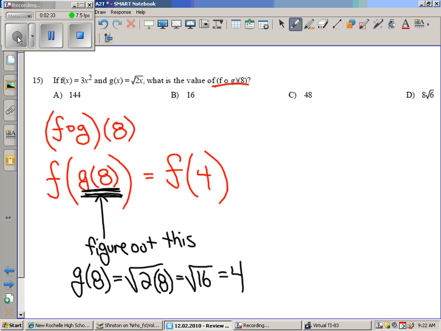How much is f at 4 worth? We're just going to plug it in to this equation right here. 3 times 4 squared, that's 3 times 16, which should be 48.